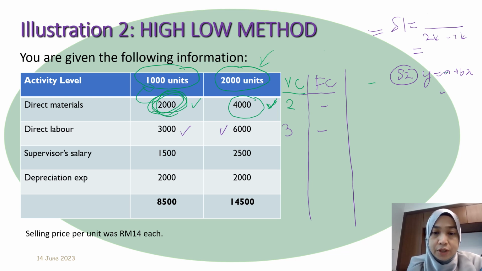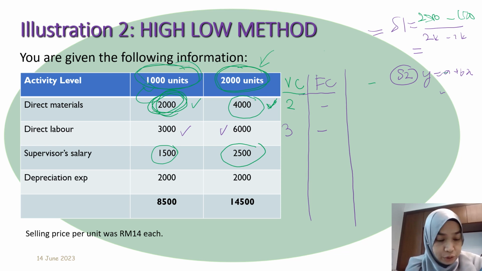Supervisor's salary, highest value 2500 minus lowest value 1500. Then you divide by highest activity level 2000 minus lowest activity level 1000. So when you solve this equation, you will get a value of 1 ringgit. So variable cost is 1 ringgit.